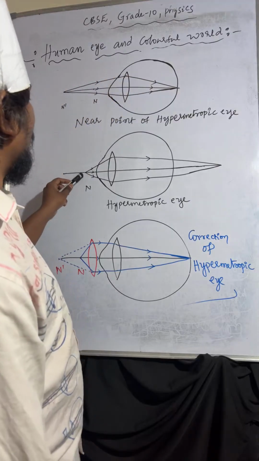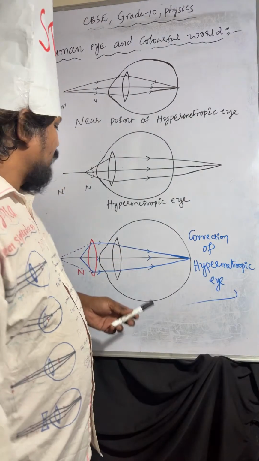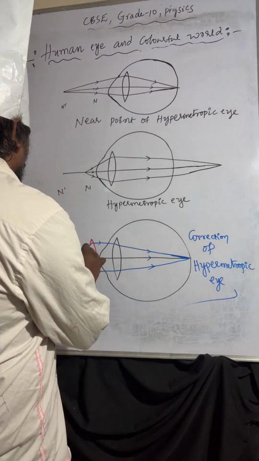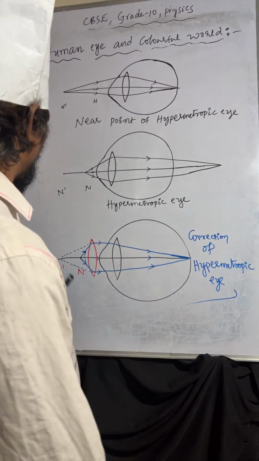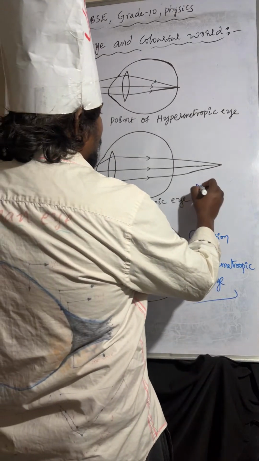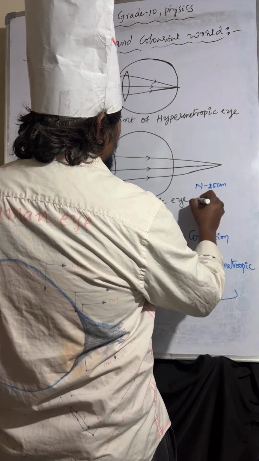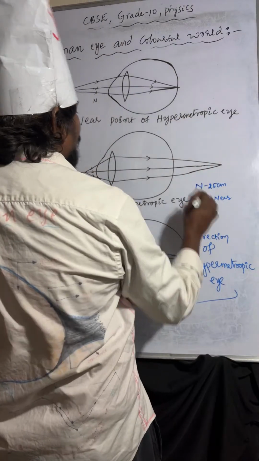So if the light rays are coming from N, those light rays are meeting beyond the retina. Here you can observe, if the light rays are coming from this point, by using a convex lens, those light rays will meet at retina. Extended light rays are meeting at N dash. Here N is the near point. Near point is nothing but 25 centimeter. N dash is the near point of hypermetropic eye.